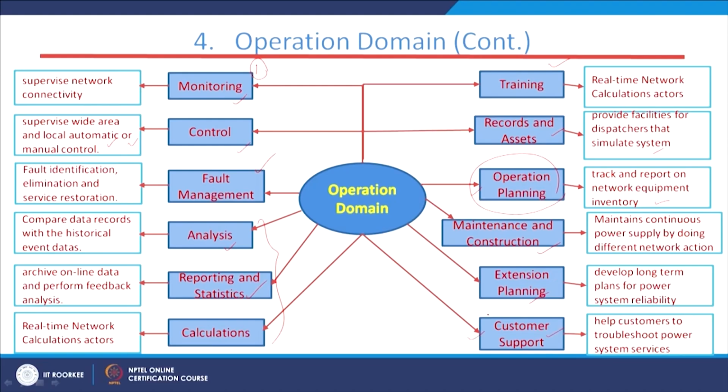Customer support is very important, because we should help customers troubleshoot power system services, because the customers are the main part of the smart grid system. If we have generation, transmission, and distribution, but there is no customer, there is no use of the power. The customer should be satisfied first. If any trouble comes to the customers at any time, we have to rectify it through our automatic process, or we have to reach them through our manpower. That is the customer support part.